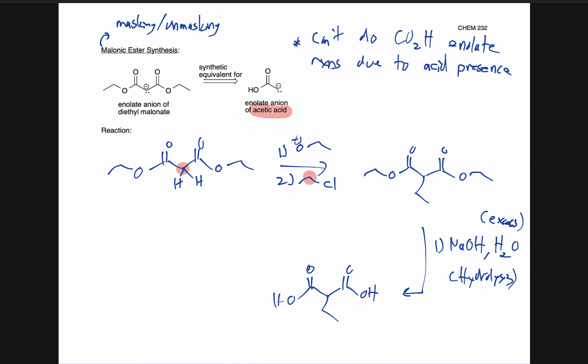And then in the final step, same exact process where we are losing CO2, we're going to do this H3O plus and then heat, right, to the same sort of chemistry where we're going to lose CO2 essentially to get to, as our final product, the carboxylic acid plus CO2.